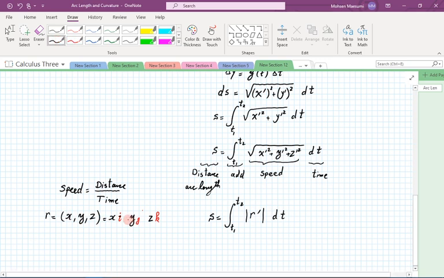If you are using software, you have to somehow indicate that these are unit vectors; you typically write them in bold or something. Same thing. Anyway, R prime, the derivative, is going to be the speed in the x direction, the speed in the y direction, and the speed in the z direction. So that's x prime, y prime, z prime. That's going to be velocity.